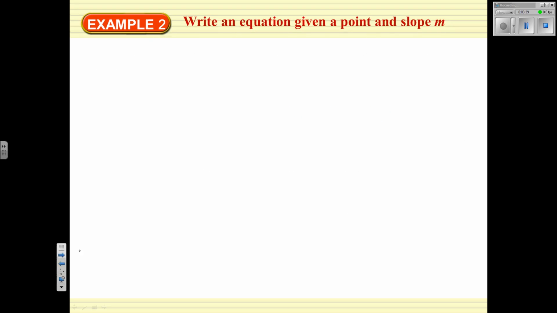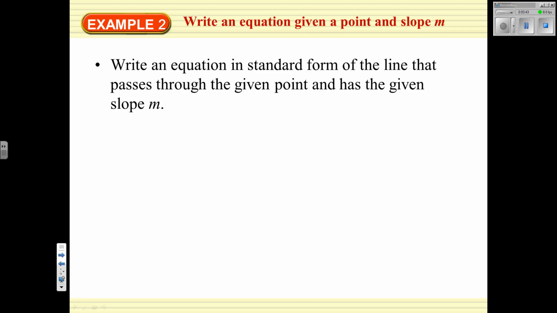All right, example 2. Writing an equation given a point and a slope. We've already talked about this. If you're given a point and a slope, normally we write point-slope formula, which is what we're going to do, because we know a point and we know the slope. That lends itself to point-slope. Here's our point, and here's our given slope.